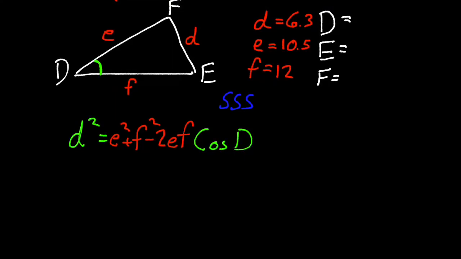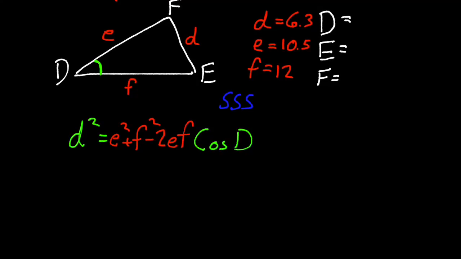You might not feel you need to create the formula each time, but I promise you that if you create that formula each time, it is going to help you remember the formula, it's going to help you get better with the law of cosines, and it'll make these easier in the end. So we just created the law of cosines that's going to allow us to find angle D. So let's put in what we know.